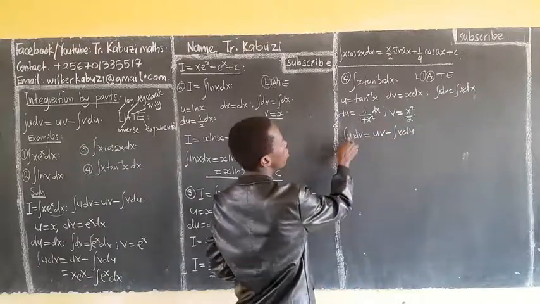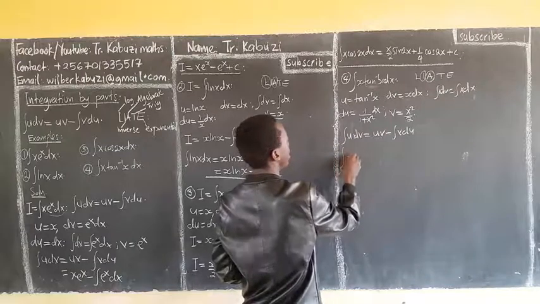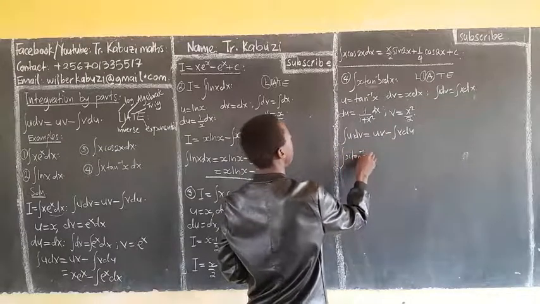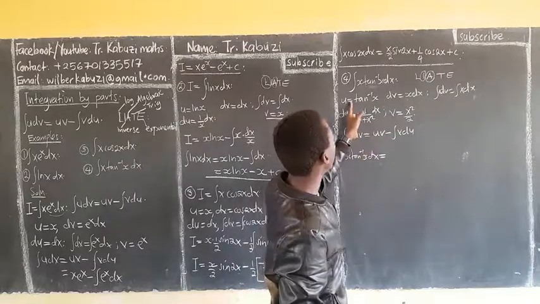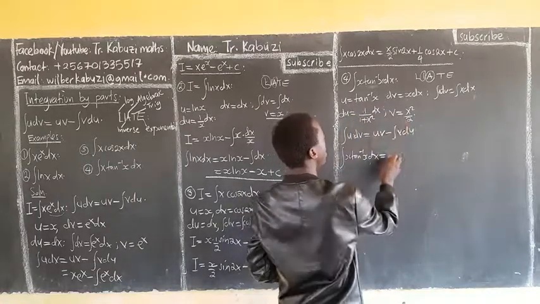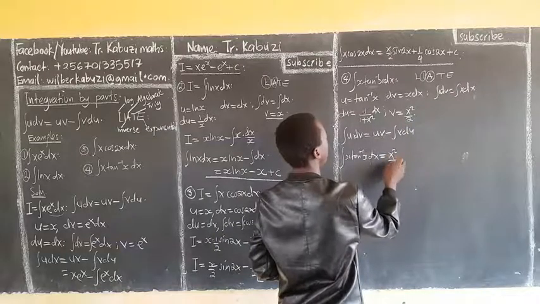So my u from here is tan inverse of x, and my v is x squared over 2. Let me start with the v because it's the product.